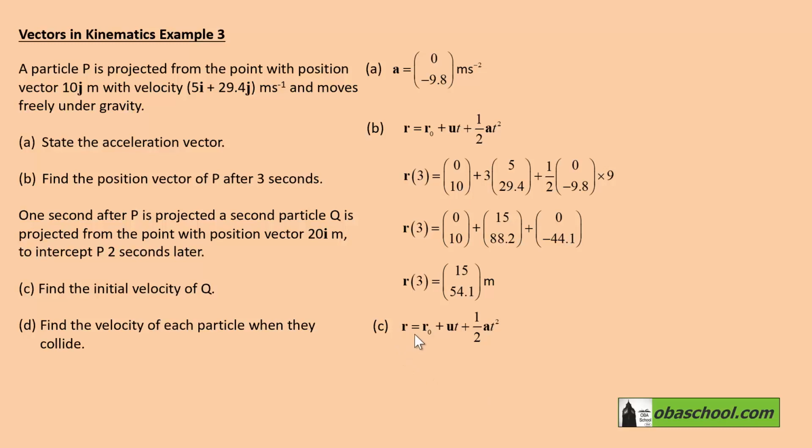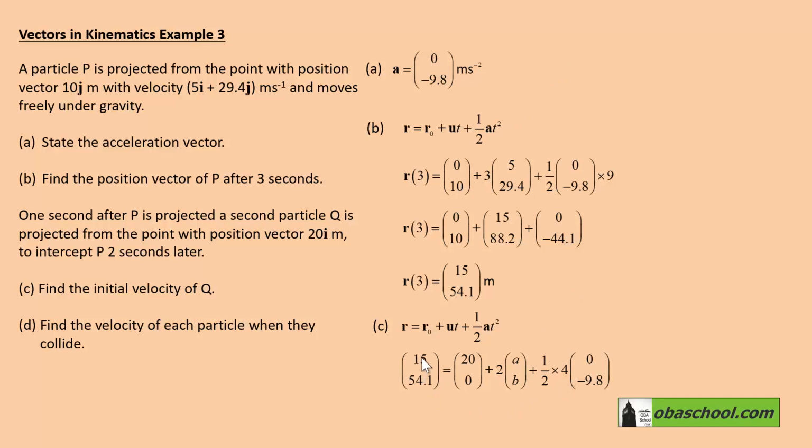So if we use r is r naught plus ut plus a half at squared for Q, then we know that it's going to intercept at this position. And note that I've got t equals 2 here, and there's the 2 squared there for the t squared.